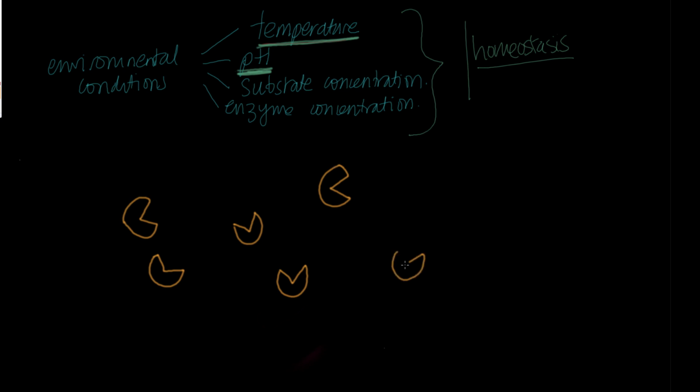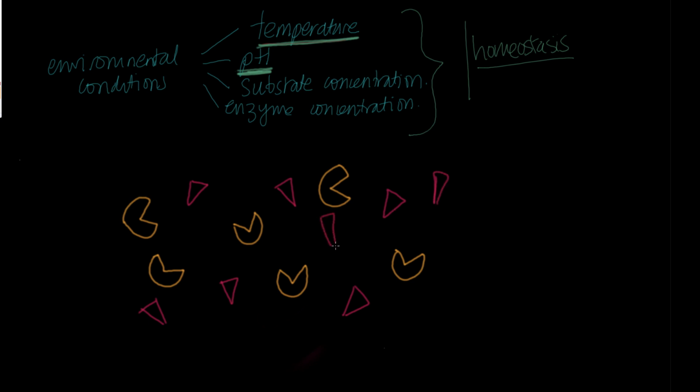Okay, so here are our enzymes, and then let's draw some substrate. Now, right now we have 1, 2, 3, 4, 5, 6 enzyme molecules. Okay, so all of these substrates combined within the active site of these enzymes, and these reactions can occur.